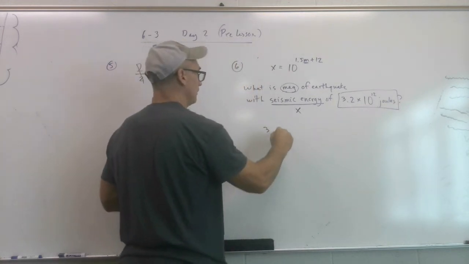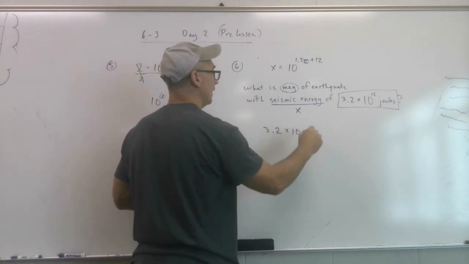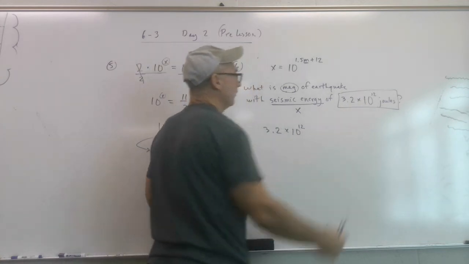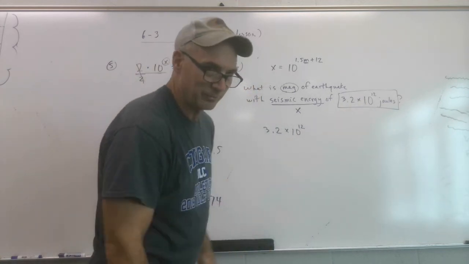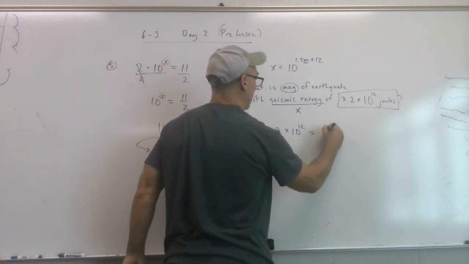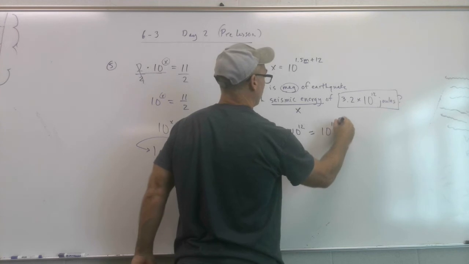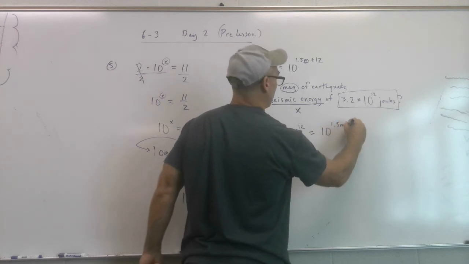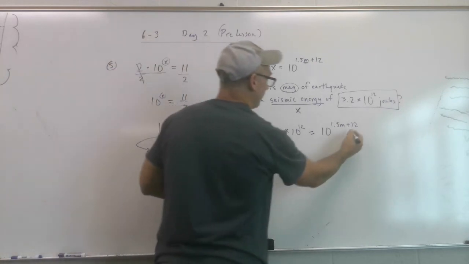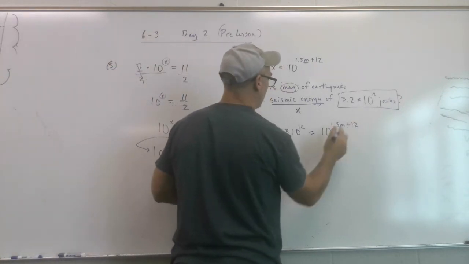So that's 3.2 times 10 to the 12th power. I wonder how they measure that. Did you ask yourself that question? So, equals 10 to the 1.5 magnitude plus 12. Again, this is a mess. I'm trying to find m. It's trapped up in the exponent.